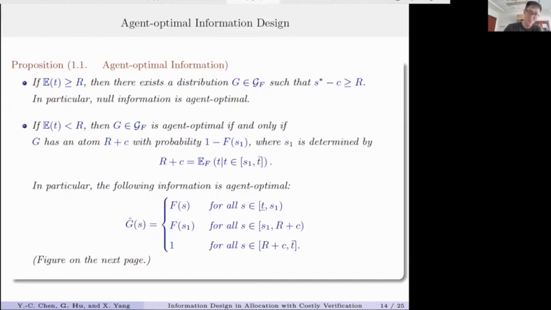What's the idea? The information designer wants to maximize the probability of the agent getting the good. And the agent can get the good only if the signal is above R plus C. So the information designer wants to make the probability of the signal being greater than R plus C as large as possible. And concentrating all the probability mass above S1 is the largest extent that the information designer can do so.